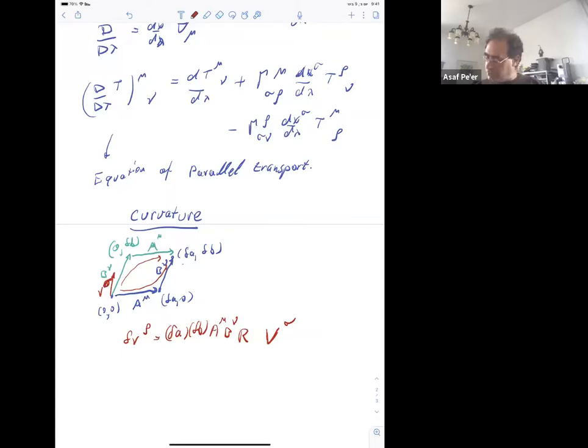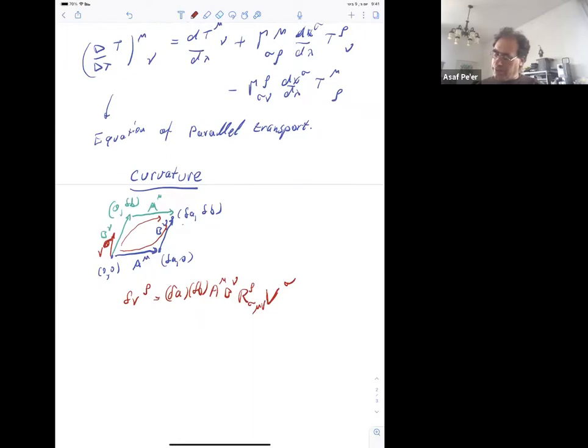So R rho sigma mu nu. And it's obvious by the way we defined it that it has to be anti-symmetric in the last two indices. So R rho sigma mu nu has to be minus R rho sigma nu mu.